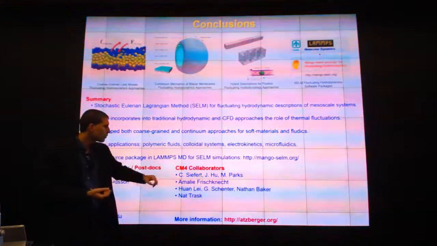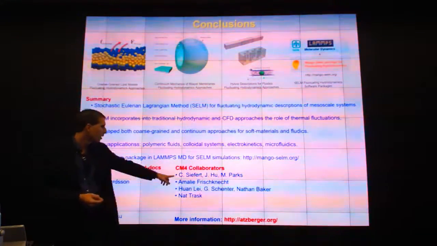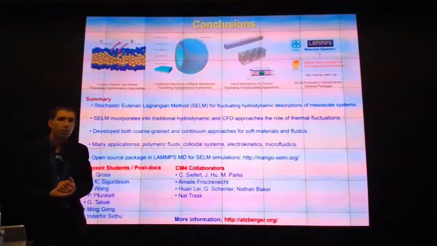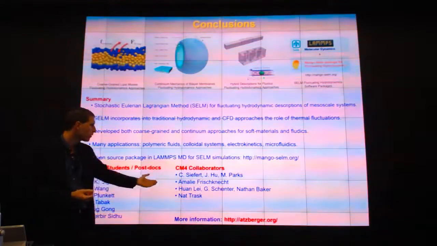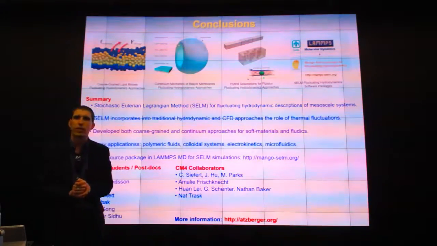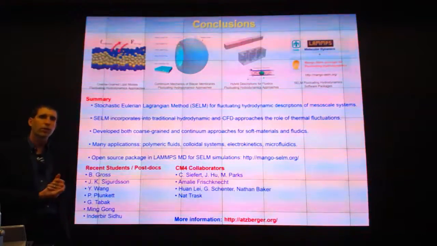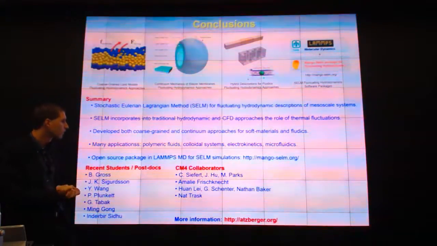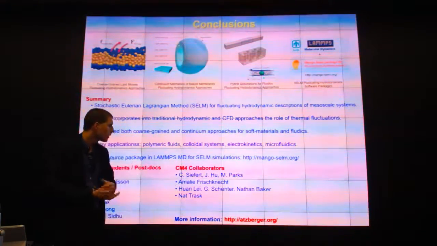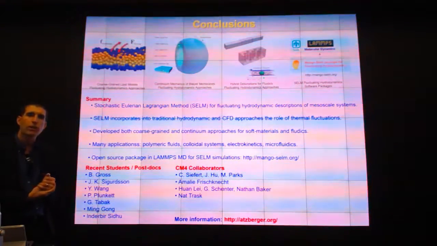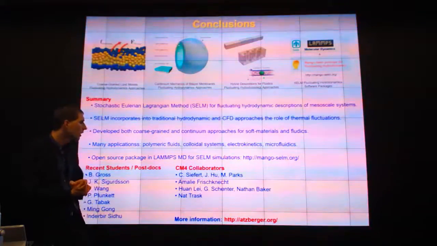And I'll also mention some of the CM4 collaborators. Chris Seifert, Jonathan Hu, and Mark Parks have been very helpful with the Trilinos integration and being involved with the finite element formulations for fluctuating hydrodynamics. Emily Freshnick, we've been talking a lot about these coarse grain models for looking at electrokinetics.